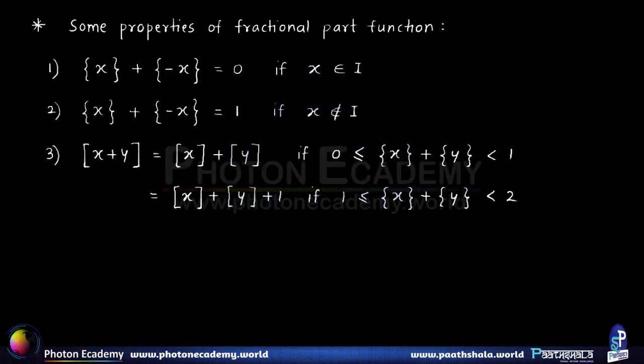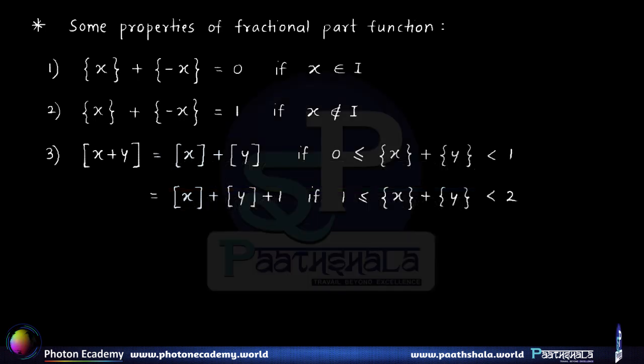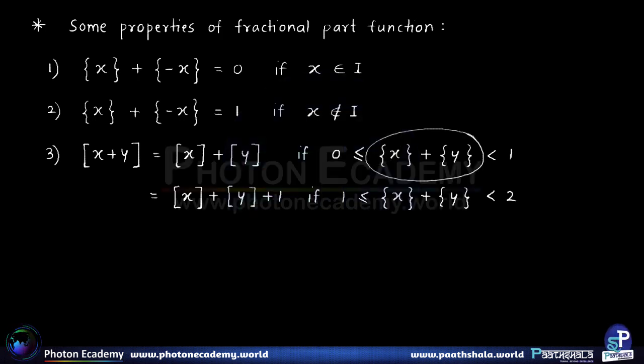The third property connects the greatest integer function as well as the fractional part function. You see that the statement of the property involves the greatest integer function, whereas the conditions involve the fractional part function. The greatest integer of x plus y is equal to the greatest integer of x plus the greatest integer of y, provided the fractional part of x plus the fractional part of y lies between 0 and 1, with equality allowed on the left hand side, that is 0.